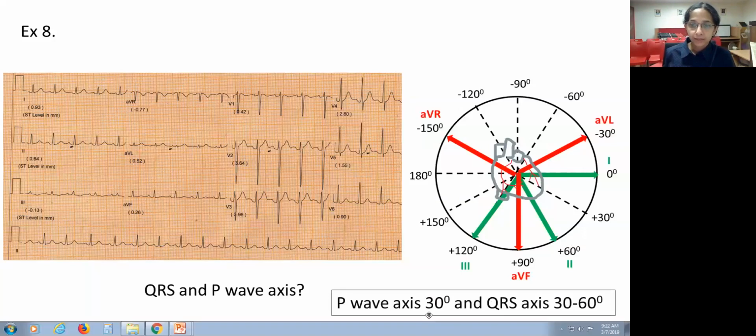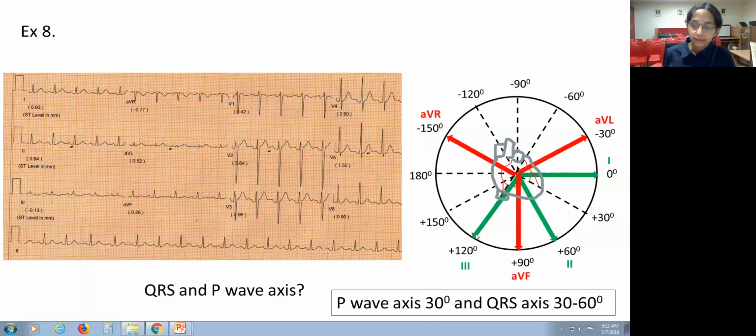And can we calculate the P wave axis in a similar way? My P is positive in lead 1, positive in aVF, and hence it's in the left lower quadrant. I have no place where it's equiphasic, but you can see here lead 3 has a small negative deflection, so it could be exactly perpendicular.